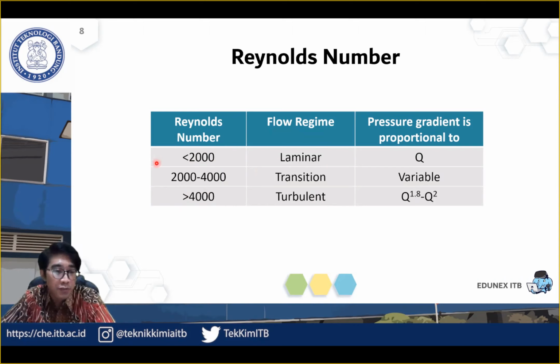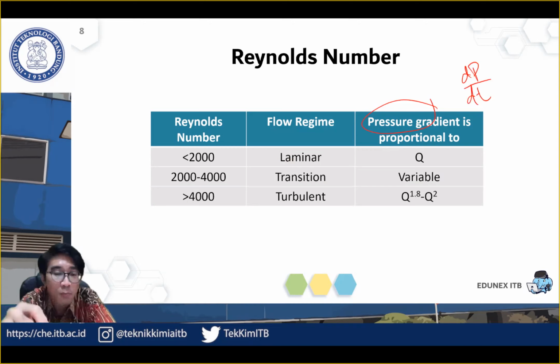So if it is still below 2000, you can assume it's laminar. But if it's higher than 4000, you can assume that it's turbulent. And later, the pressure gradient is tadi ya, dP per dL. Later, we will see that if the profile is laminar, dP per dL will be proportional to Q. So linear, ya.